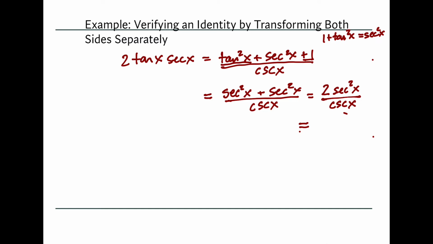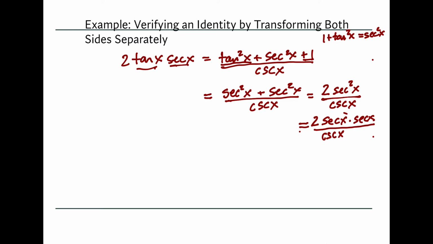So what if I broke up those 2 secants and just wrote it as 2 secant x times secant x over a cosecant x down here. I'm trying to get to tangent times a secant. I already have a secant. Is secant over cosecant equal to a tangent?